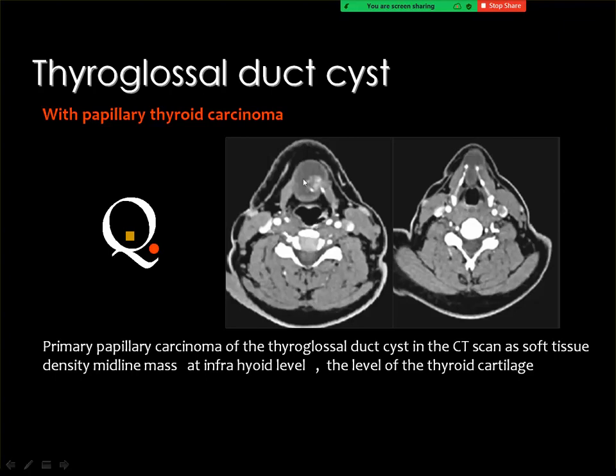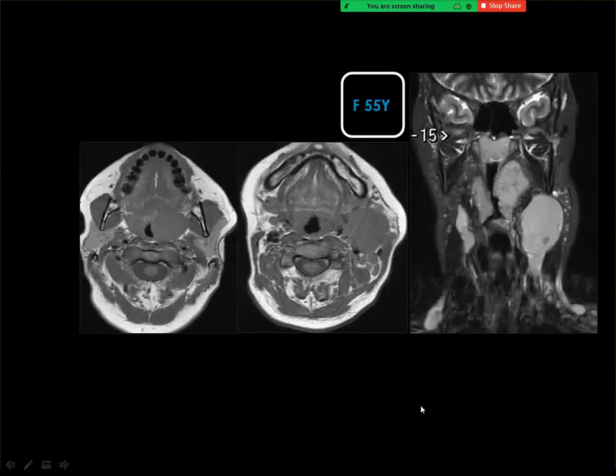And if you see a mass inside the cyst, that can sometimes show calcium and can show enhancement, then you think of a carcinoma developing inside the thyroglossal duct cyst. And the type of carcinoma usually is the papillary type.